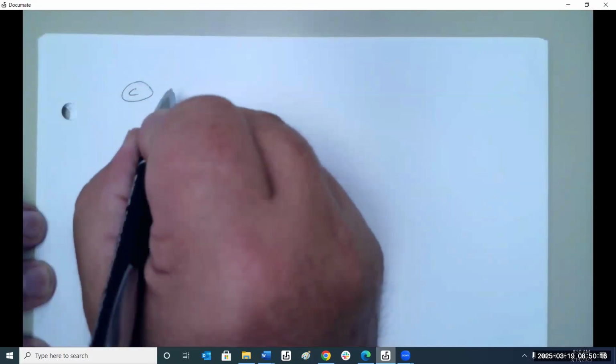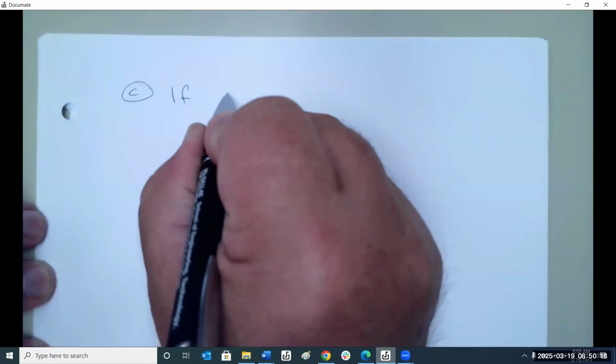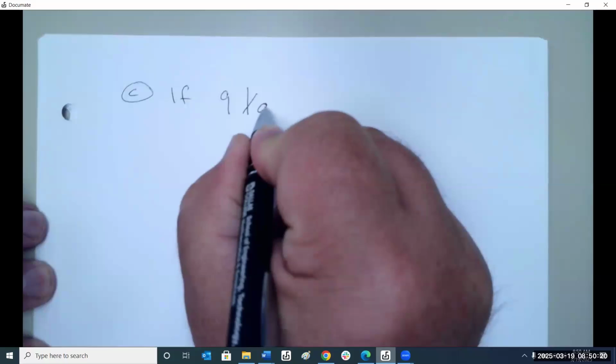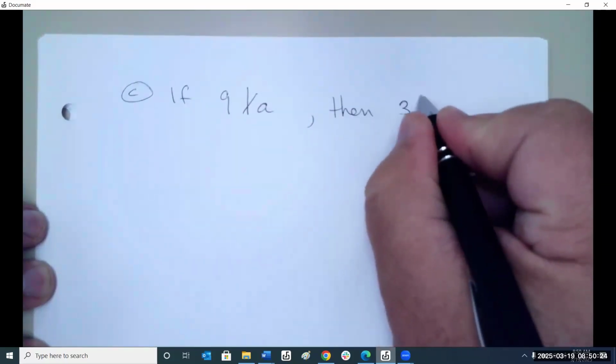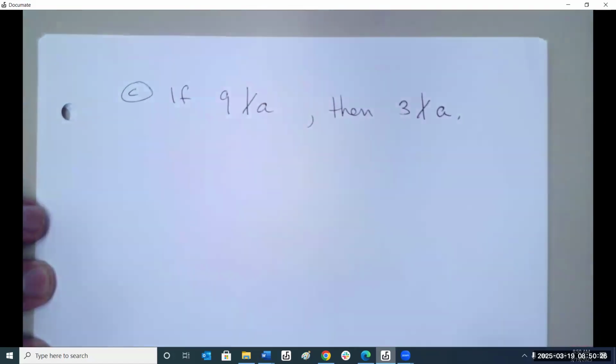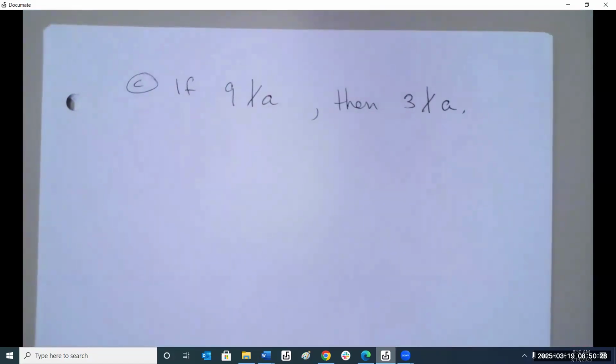C. If 9 is not a divisor of A, then 3 is not a divisor of A. Remember, can you think of an example where that's not true?